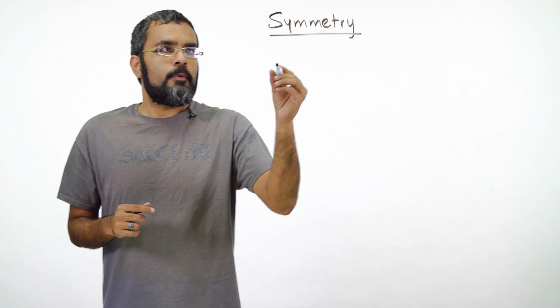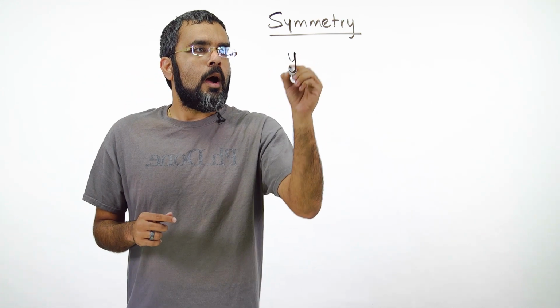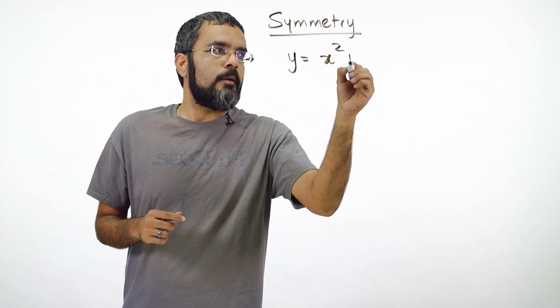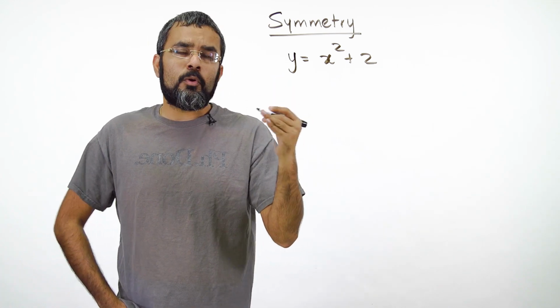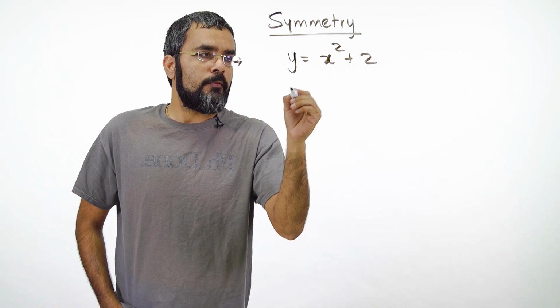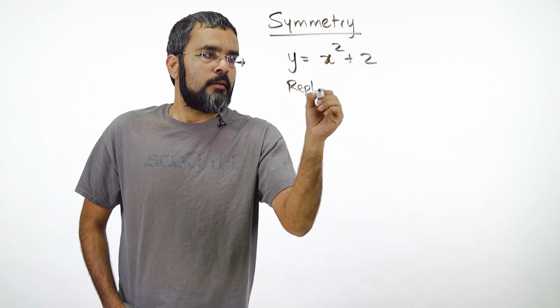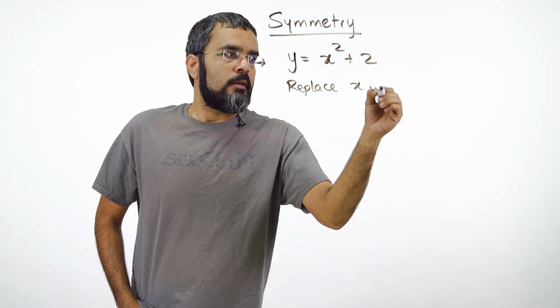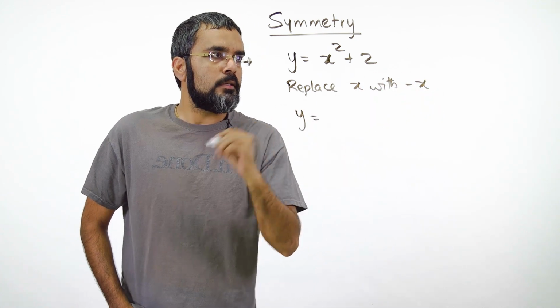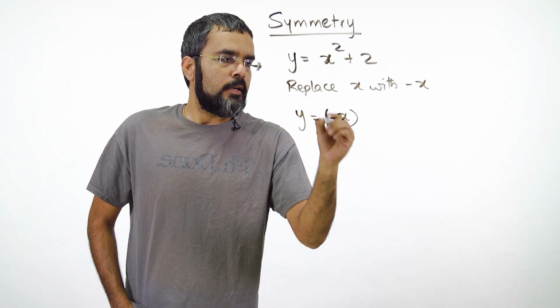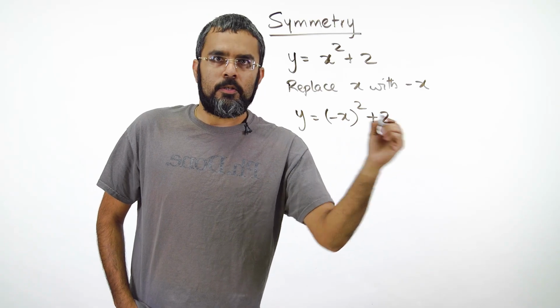So let's take a quick example, right? Let's consider the function y equals x squared plus 2. Like I said, I'm going to replace x with negative x, and so what I get is y equals (-x) squared plus 2.